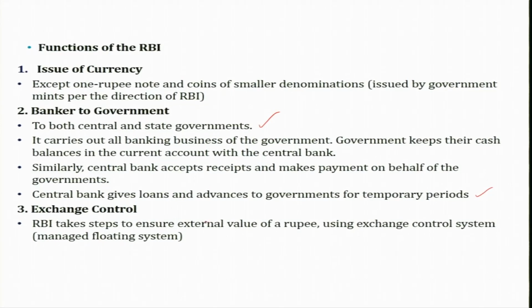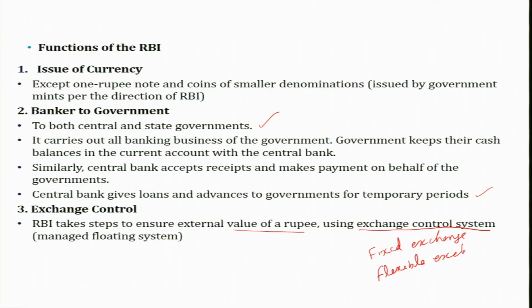RBI takes steps to ensure the external value of the rupee, that is the exchange rate, using the exchange control system. As you may be aware, in exchange rate determination there are mainly two regimes. One is the fixed exchange rate regime, and another is the flexible exchange rate regime.